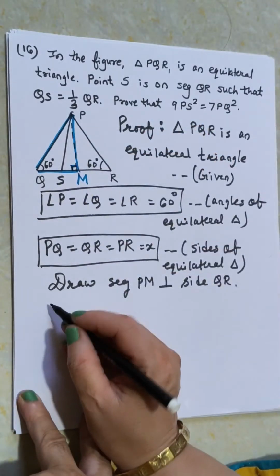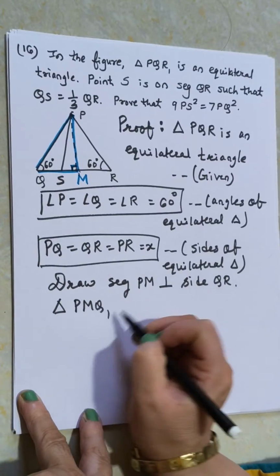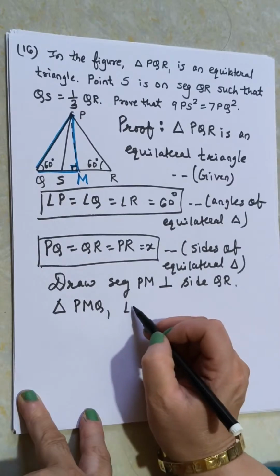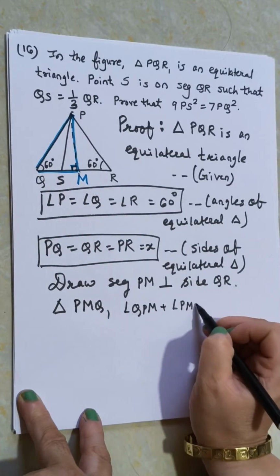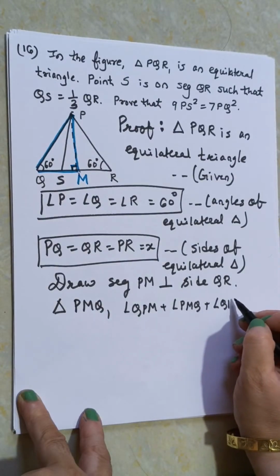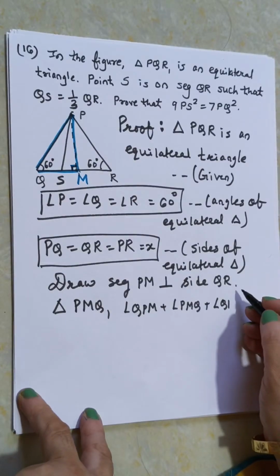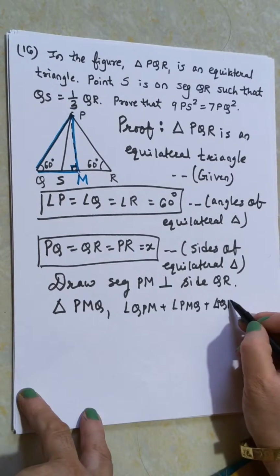Okay, so in right angle triangle, which triangle am I taking? PMQ. Now see, angle QPM plus angle PMQ plus angle PQM.